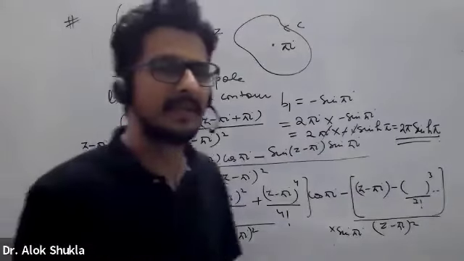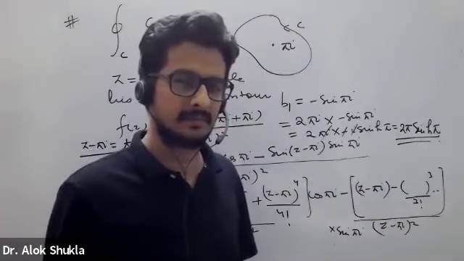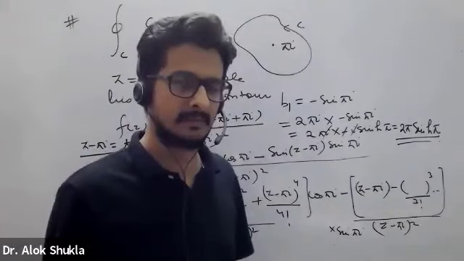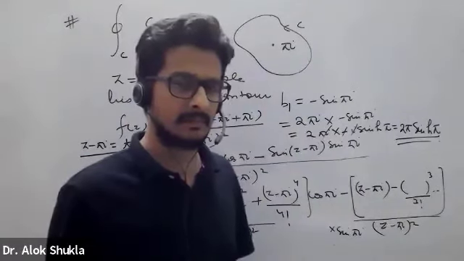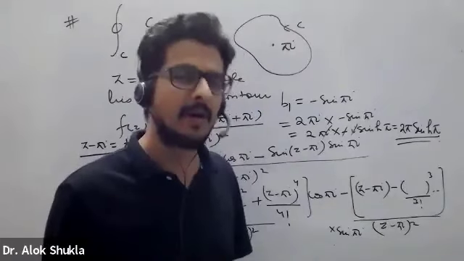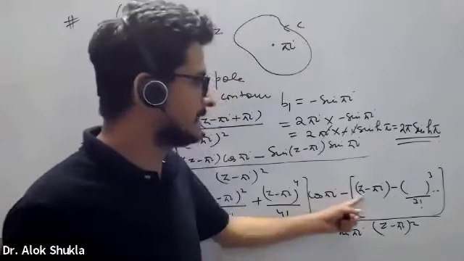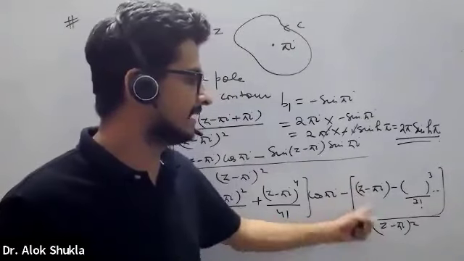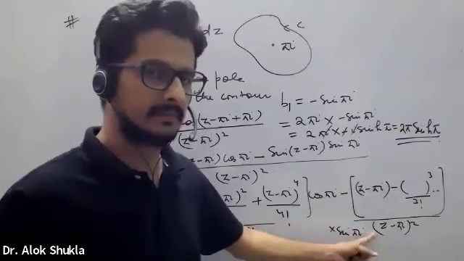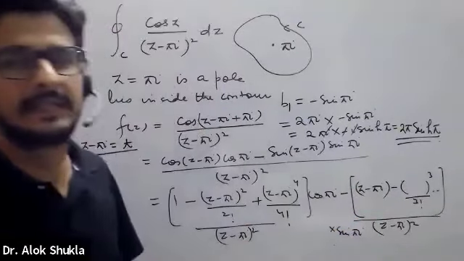No, what is b1? The question is what is b1? b1 is the coefficient of 1 upon z minus pi i. So 1 upon z minus pi i will come from this, na? Oh, yeah. Sorry, sir. Yeah, next one.